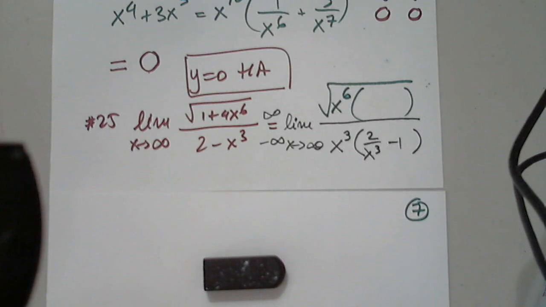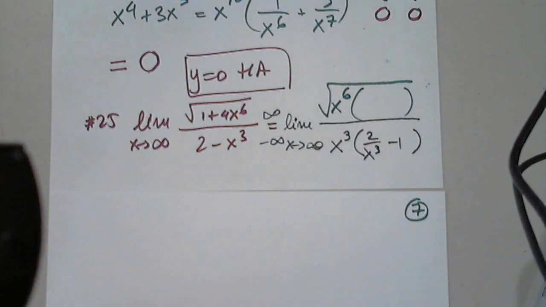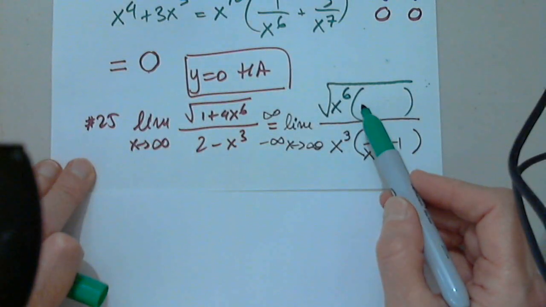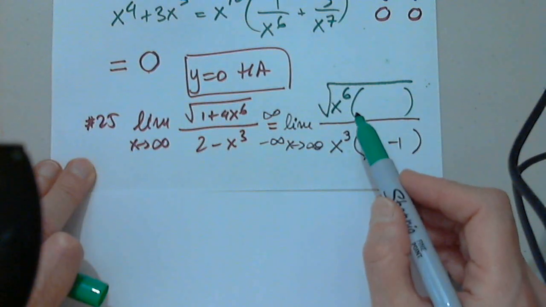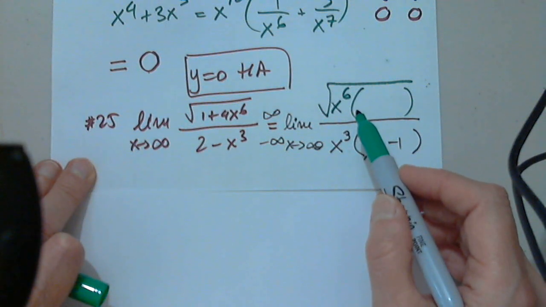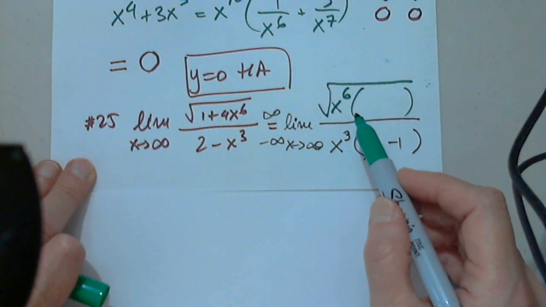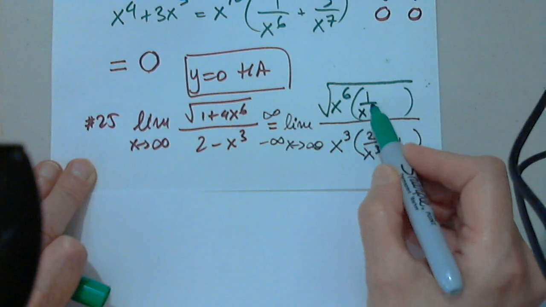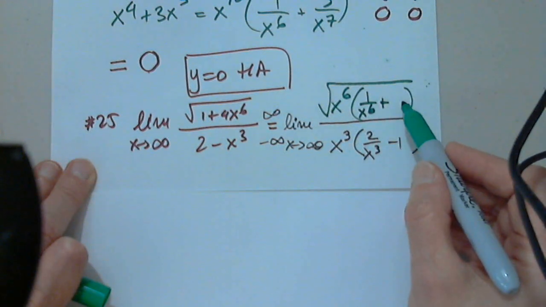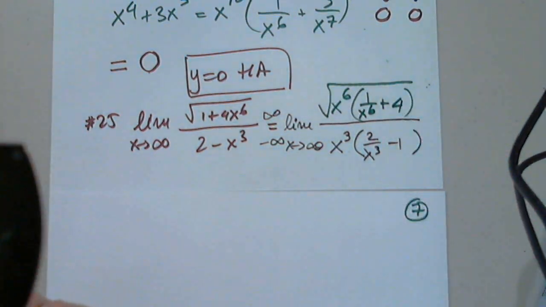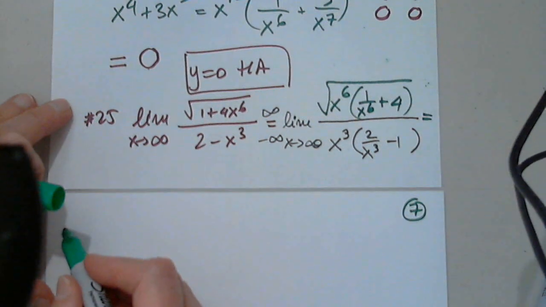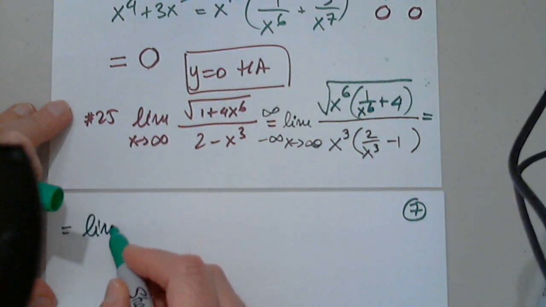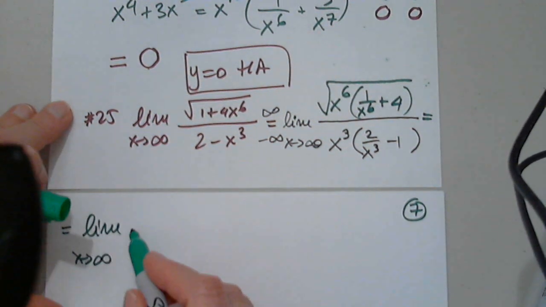Can anyone give us the binomial inside? One, and 1 over x to the 6th, plus 4. Excellent. Stay with me. So now this is the limit as x approaches infinity.